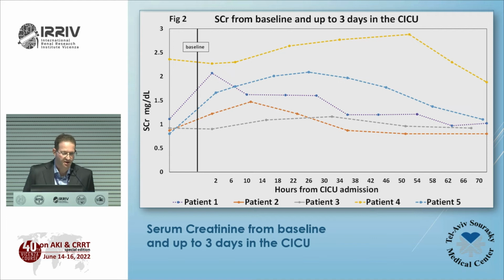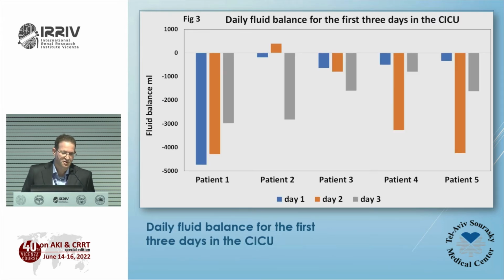So, albeit initial elevation of serum creatinine, the administration of furosemide and a negative fluid balance was associated with a relatively rapid increase in renal function, and actually most patients had normalized renal function within 48 to 72 hours following admission. And this was allied with the presence of a negative fluid balance that was present throughout the hospitalization course.